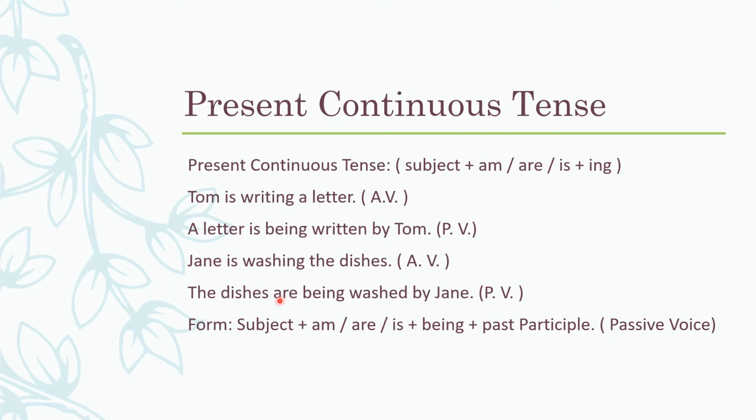You'll use the be form in the present, am, are, is. You will use are here because the subject is plural. So the dishes are being washed by Jane. So this is the form of the passive voice in the present continuous tense: subject, am, are, or is, plus being, plus the past participle. This is the past participle here, washed.